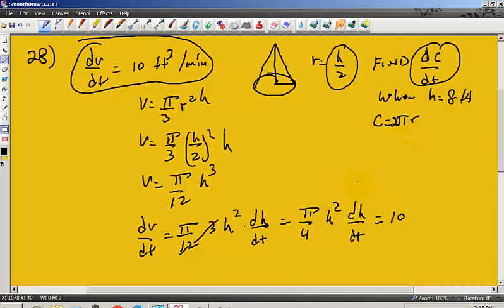But I'm not looking for dr dt, I need dh dt. So I might want to switch this. That's why I was debating which way. You'll get the same answer, because if you switch everything in terms of r, you can go a different way and get the same answer. So I'm going to switch this to 2 pi times h over 2. So they're going to cancel. My circumference is pi h.